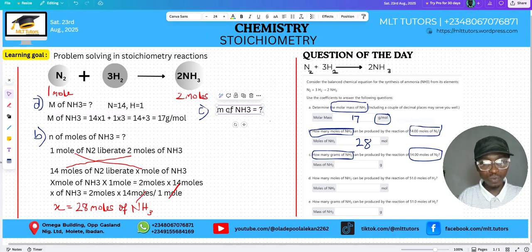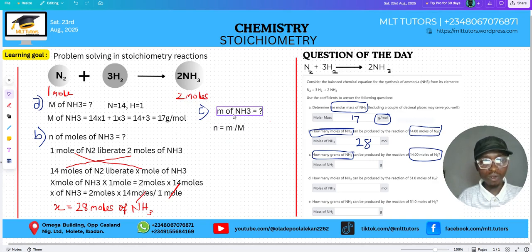So then we know that the formula we are going to adopt here is mole, which is represented by small letter n, equal to reacting mass, small letter m, over molar mass, capital letter M. Then the mole of ammonia gas that reacted is what we have just gotten in question B. When we were given 14 moles of nitrogen gas, then 28 moles of ammonia gas was produced.